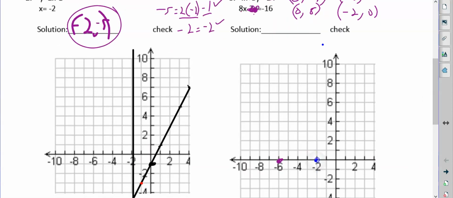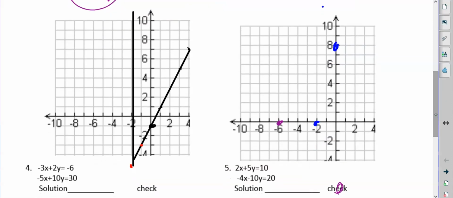So x is negative 2, and that's (0, 8). And so we are going to connect those lines. I've got a delay on my computer and it's not making this easy. Okay, so there's that one.